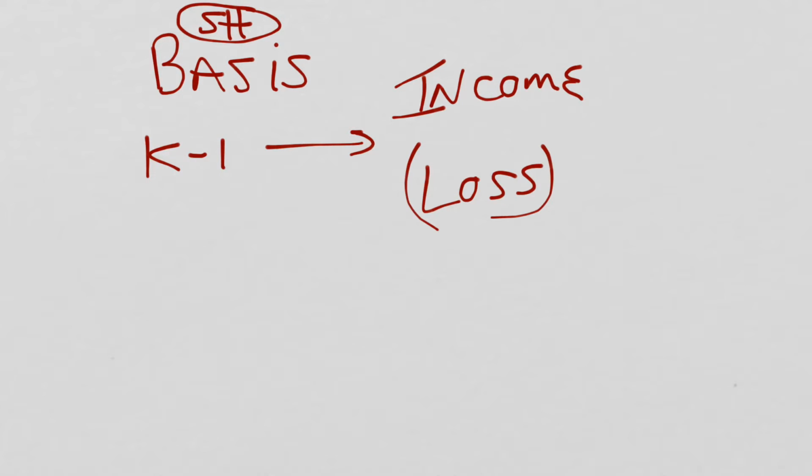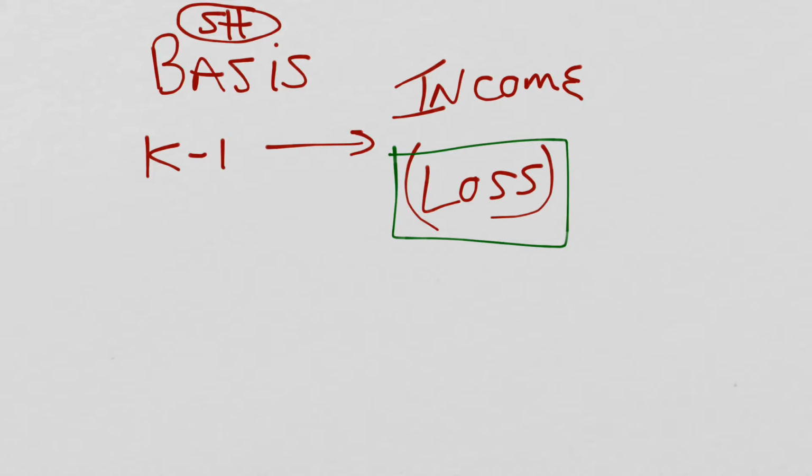And as we learned in class, there's a bunch of separately stated items as well as net income or net loss. For the shareholder to be able to use a loss against other income that they might have on their personal return and get a tax benefit from doing that, they have to have basis. That's rule number one.